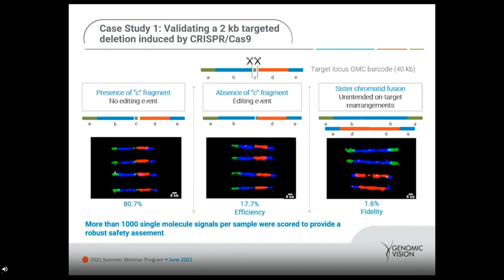What is really nice with molecular combing is that you can see clearly what is happening, and this also gives you a hint of what type of mechanism led to these rearrangements. We scored more than 1,000 signals per sample to provide a robust safety assessment to our clients.